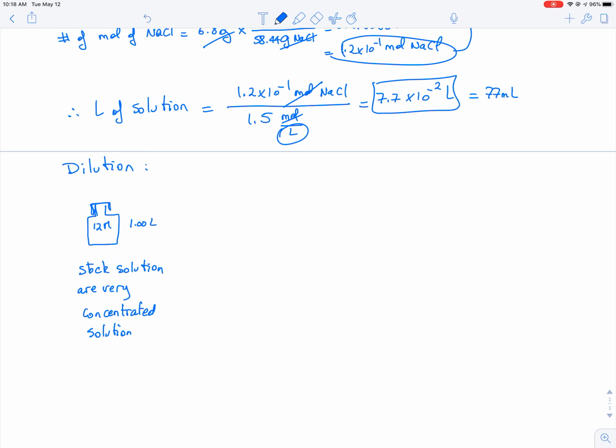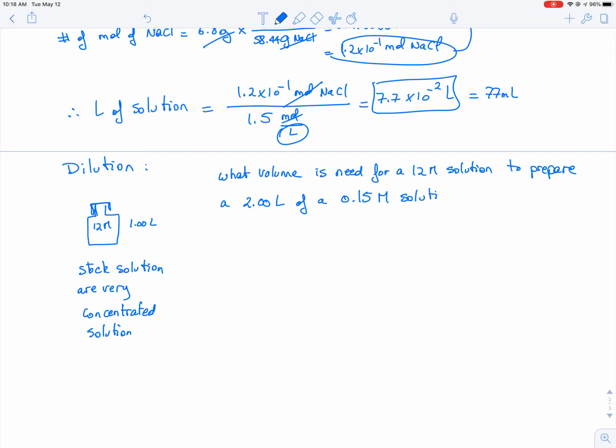And let's say, what volume is needed from a 12 molar solution to prepare 2.00 liters of a 0.15 molar solution? What's going on here?